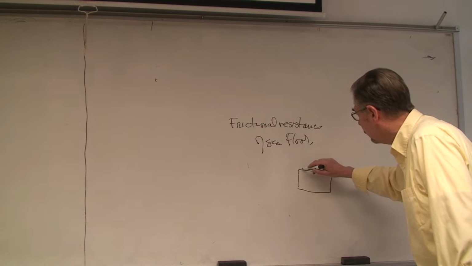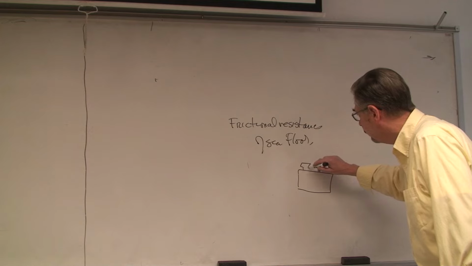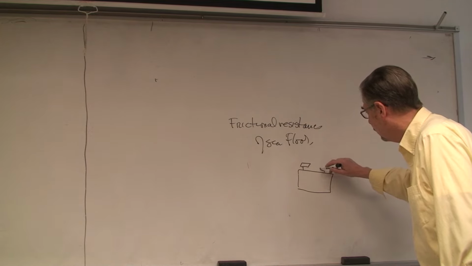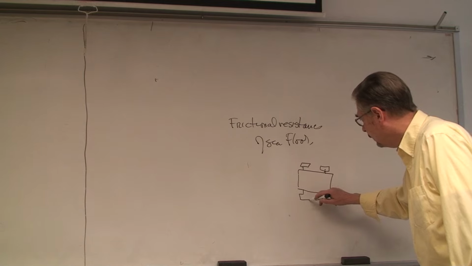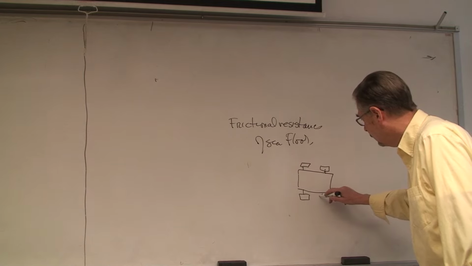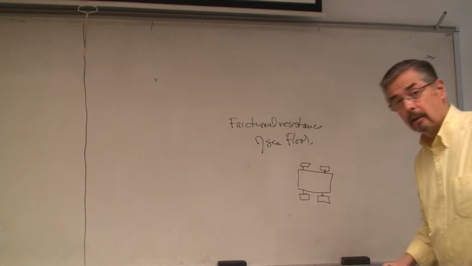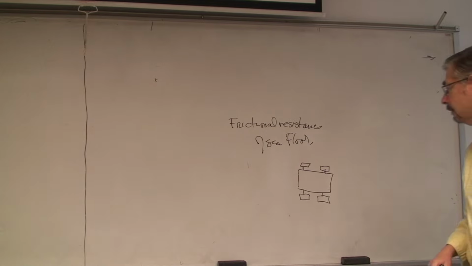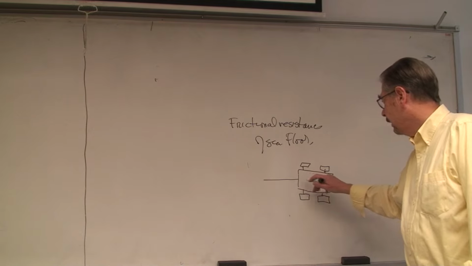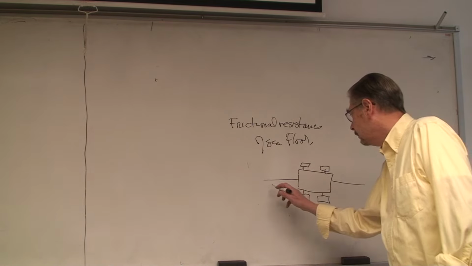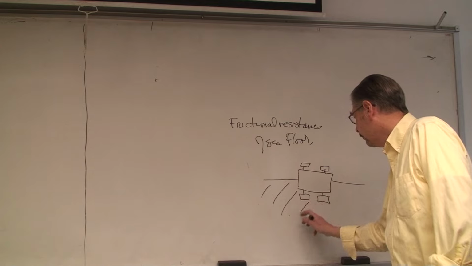Let's then speculate on what might happen. Here are your wheels on the right side. Here are your wheels on the left side. Does anybody have a car that looks just like that? And let's suppose these wheels are on the highway. You got nice hard pavement over here.